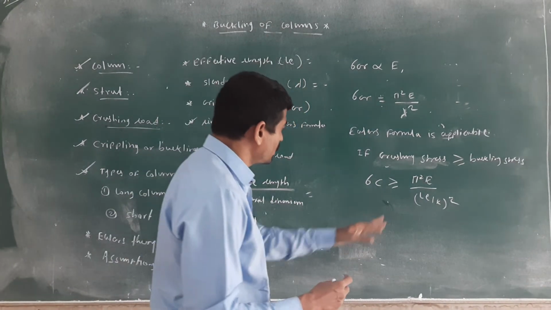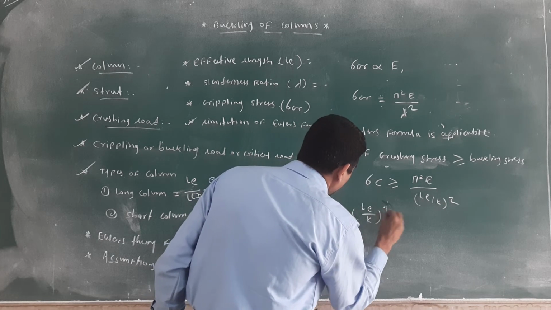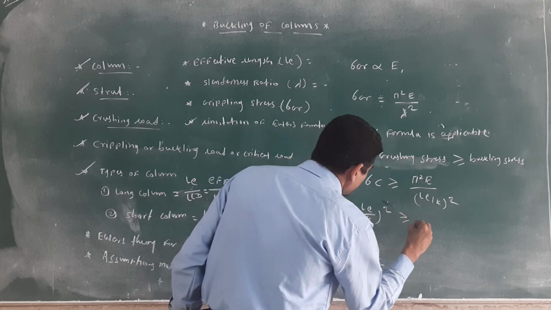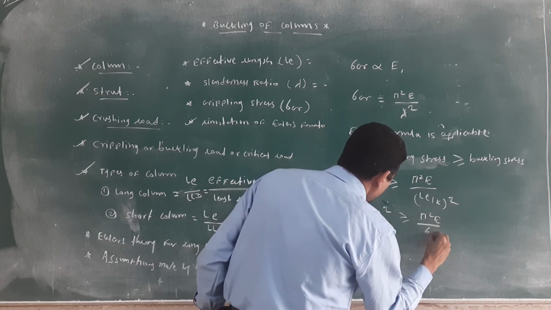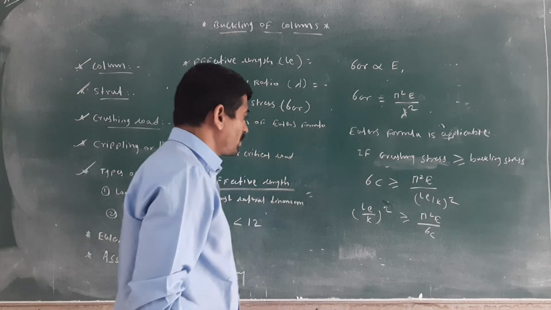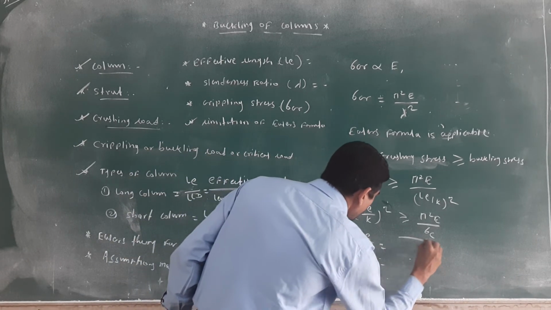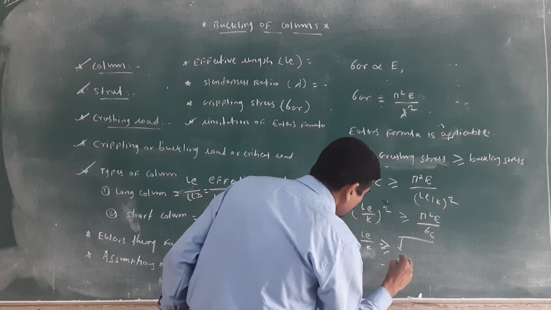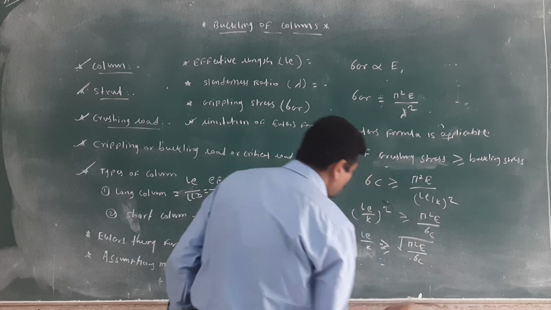And how to solve this? Check that (LE divided by K) square is greater than or equal to pi square E divided by sigma c. And LE by K is equal to the root of pi square E divided by sigma c.